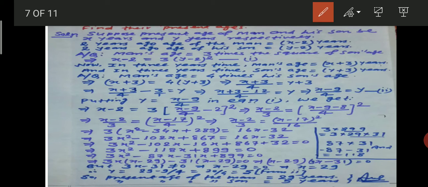This implies that 3x square minus 118x plus 899 is equal to 0. Now 3 is to be multiplied with 899.